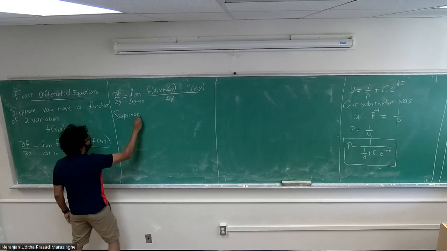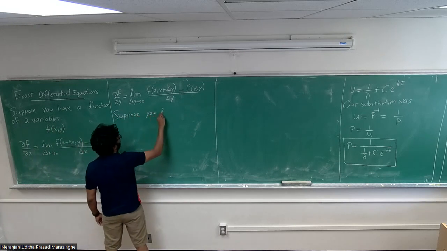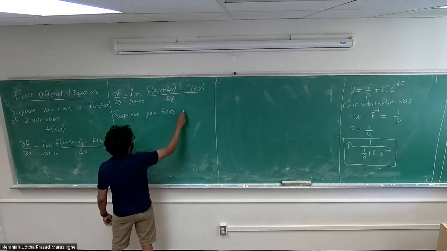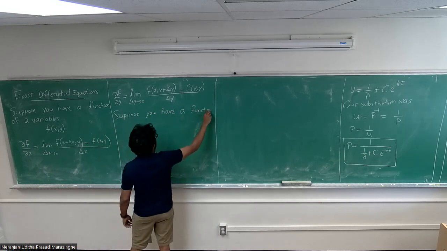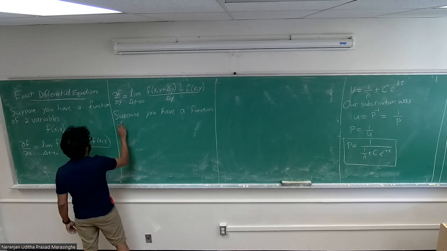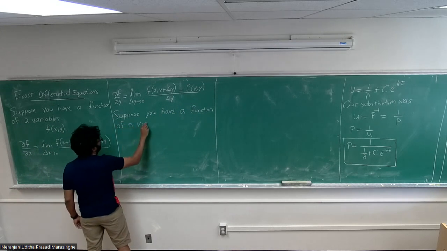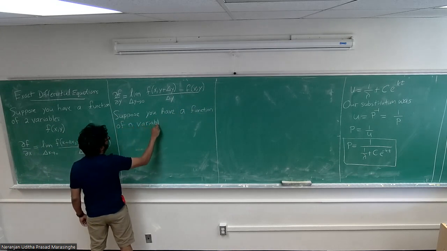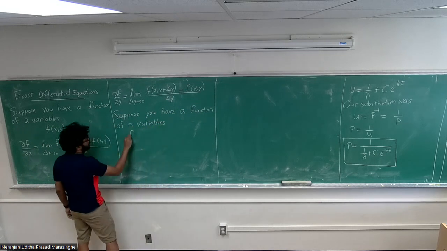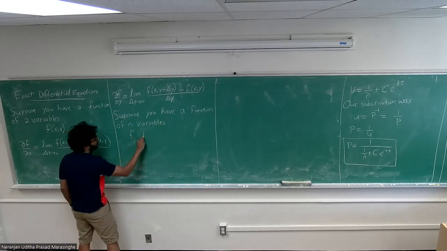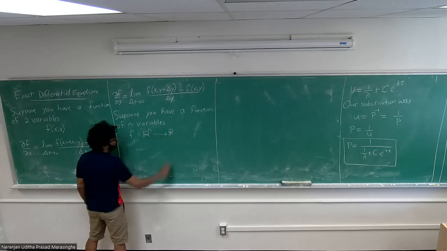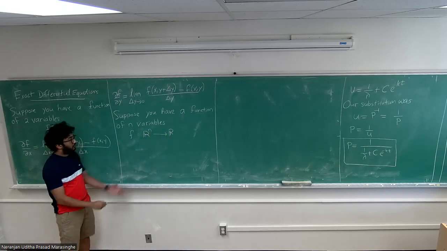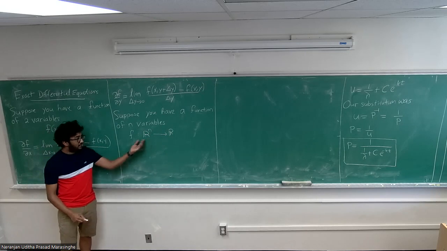Suppose you have a function of n variables. It means f is a function from Rn to R. So you have n-tuples here.